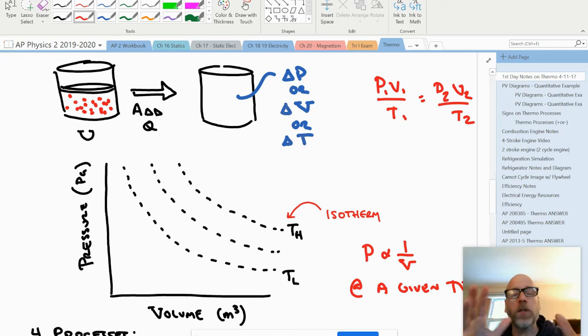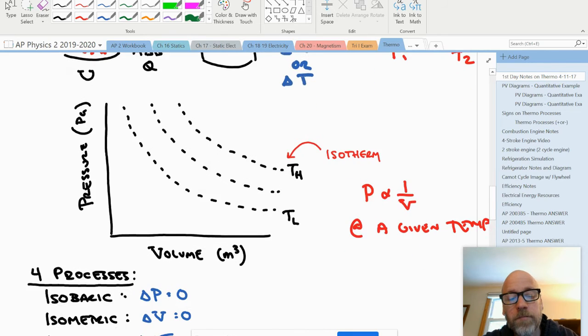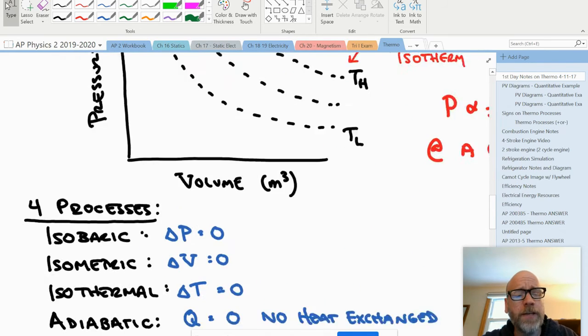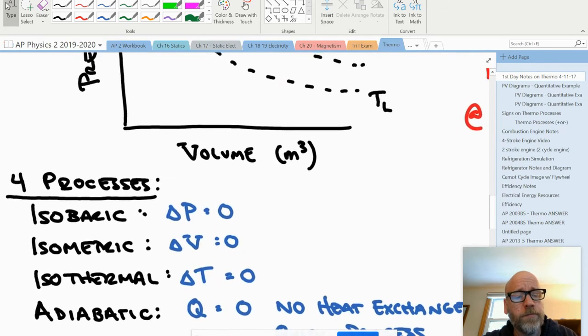Now, when we look at different processes in thermodynamics, there's 4 of them that you need to know the names of and what they represent. Write this down. In an isobaric process, there's no change in pressure. Iso means no change, so you figure out the next word. Isobaric means the change in pressure is 0.